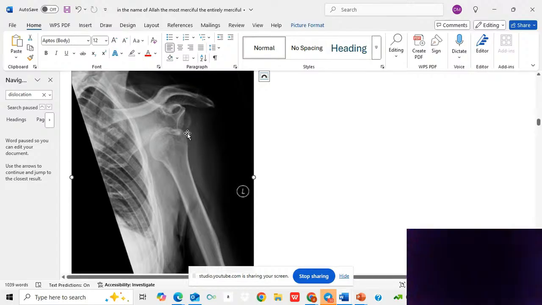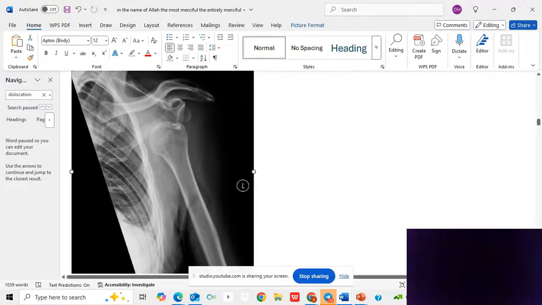You need to check if there is an associated greater tuberosity fracture, or any associated anterior glenoid labrum or anterior glenoid bony lesion. So there are no associated fractures here in this anterior shoulder dislocation.